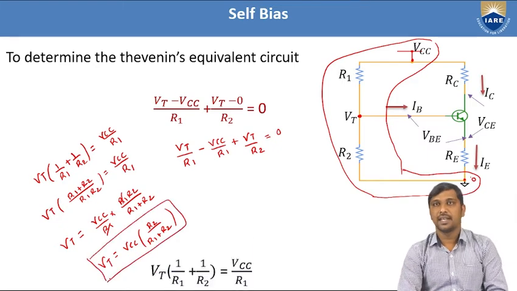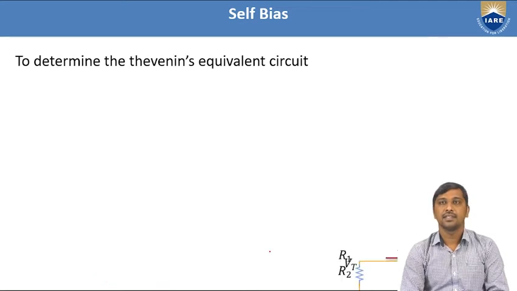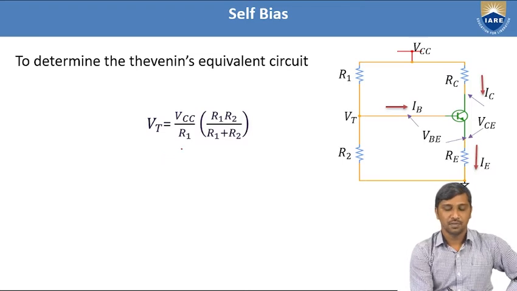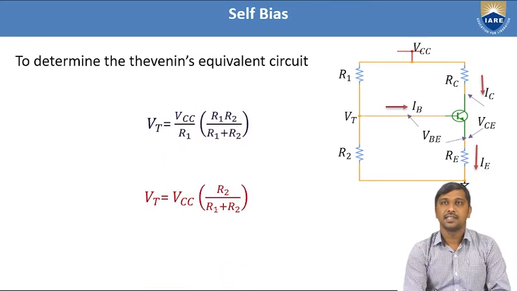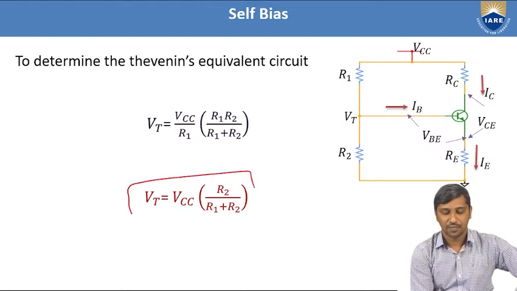So here I represented the same parameters. From this, I calculated Vt is equal to VCC times R2 by R1 plus R2.